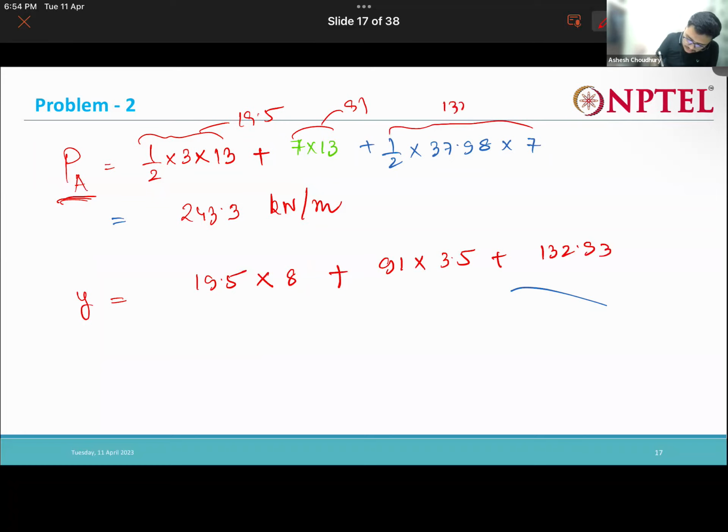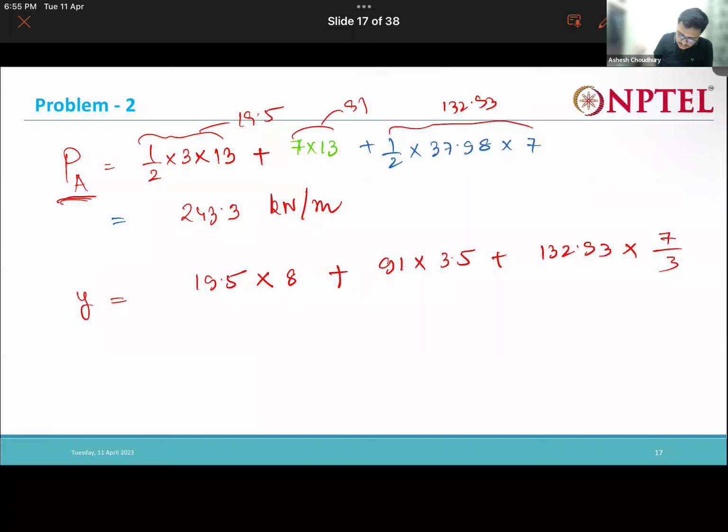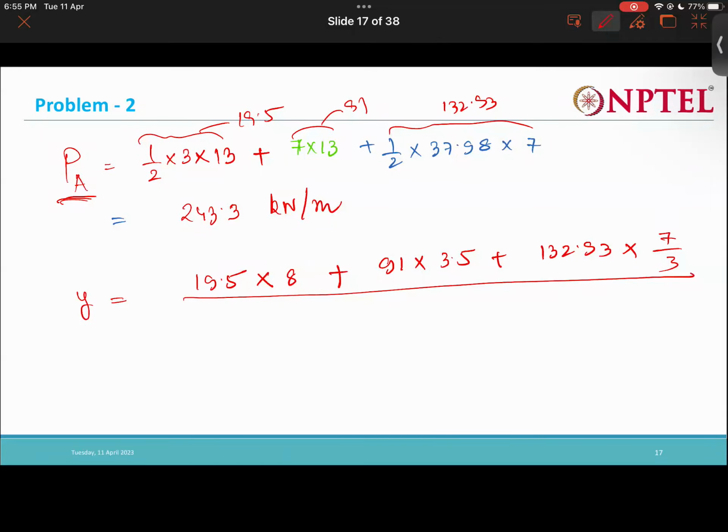132.93 into 7 by 3, divided by total area, total P. It is 243.3. So how much is it coming?